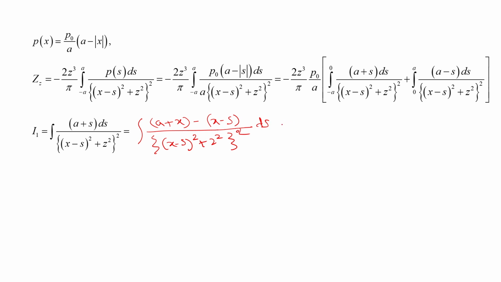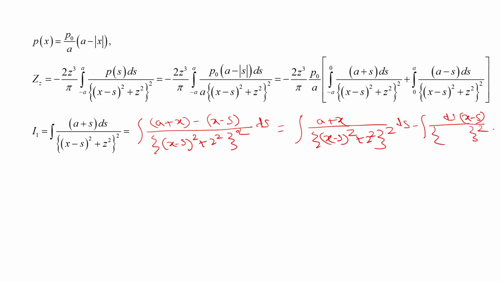So it can be written like that, and therefore I can write it as two different integrals: (a plus x) over ((x minus s) squared plus z squared) whole squared, d s, and minus, d s, into (x minus s), and then here squared.